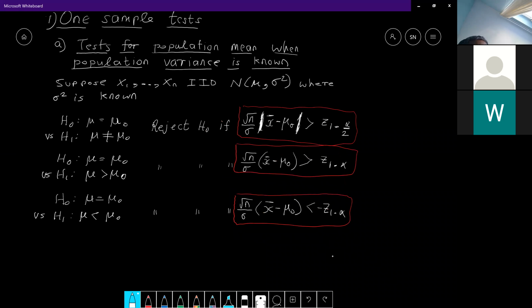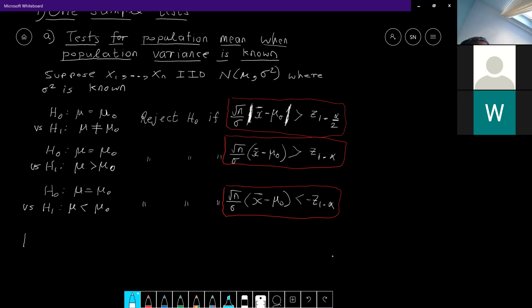Part B is a test for the population mean when the population variance is unknown.